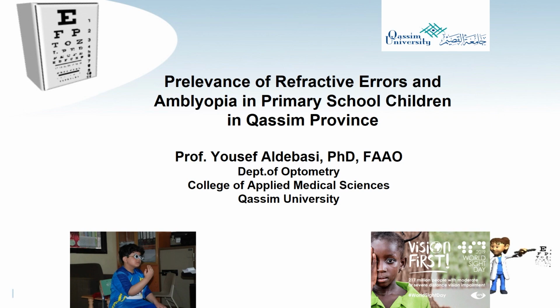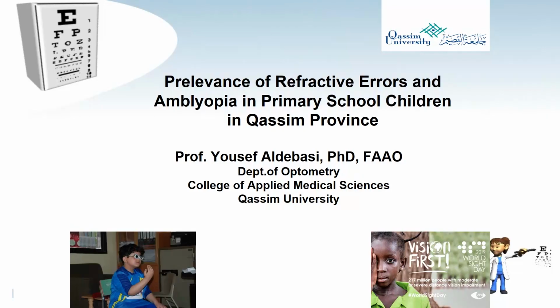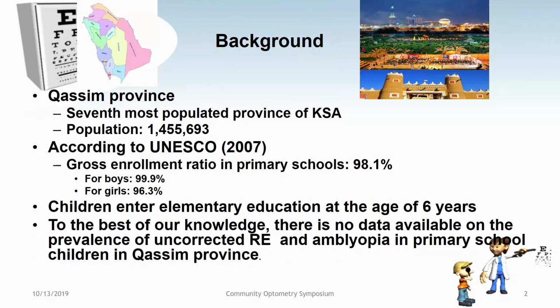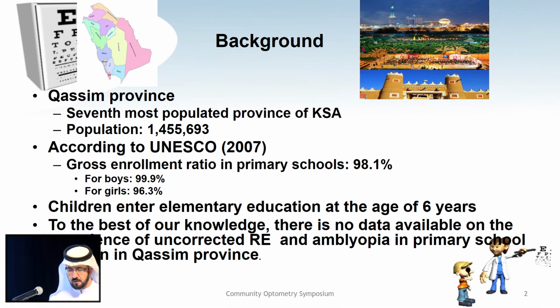Today, inshallah, I will talk about the prevalence of refractive errors and amblyopia in primary school children in Qassim province. First of all, we give just background about Qassim, this photo of Buraida city. Qassim region is the 7th most populated province of KSA, population around 1,455,000.